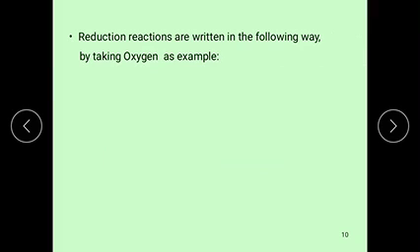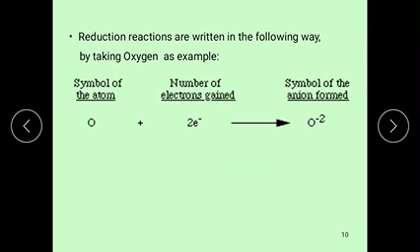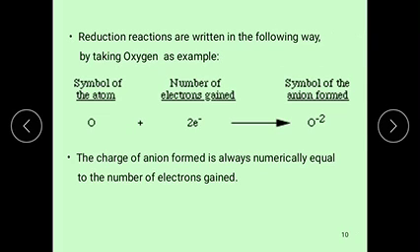Okay, the reduction reactions are written in the following way by taking oxygen as an example. The symbol of an atom is oxygen, O. When it gains two electrons, it converts to O minus 2. It is a symbol of anion, the oxide ion.